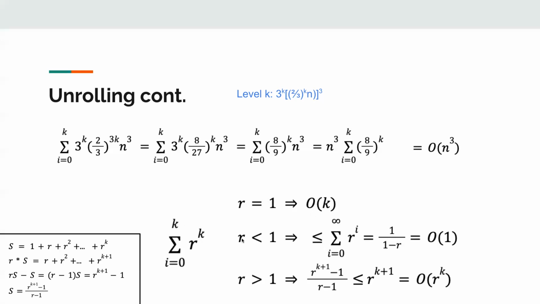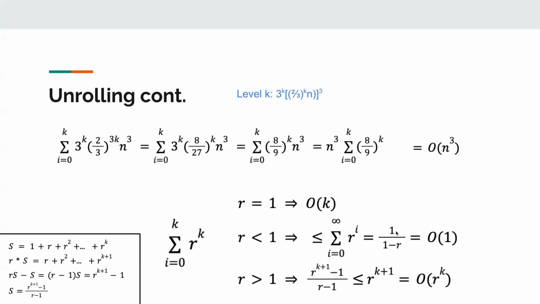If r is smaller than 1, then this thing is obviously smaller than this thing, because in this equation we only have k terms added together, while in this one we have infinite terms. If you recognize it, this is the formula for the geometric series.